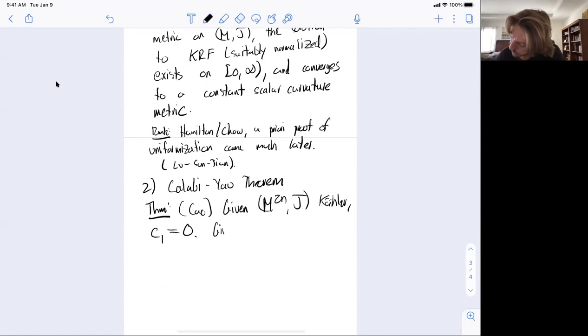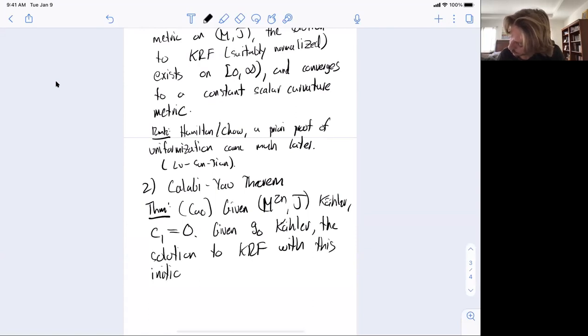Then given g_0 Kähler, the solution to Kähler-Ricci flow with this initial data exists on an infinite time interval. Here, there's no normalization issue.